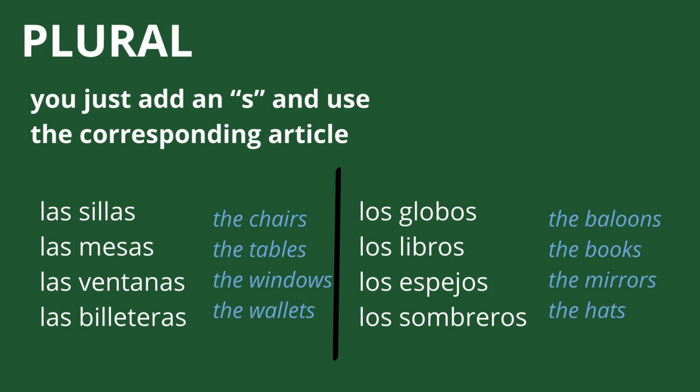Los espejos, the mirrors. Los sombreros, the hats. Also, if you see a word in the plural and you want to know its gender, just take a look at the letter before. For instance, the first one, las sillas, the chairs. You see how it ends in AS? The A tells me that it's a feminine word, while the S tells me that it's in the plural.